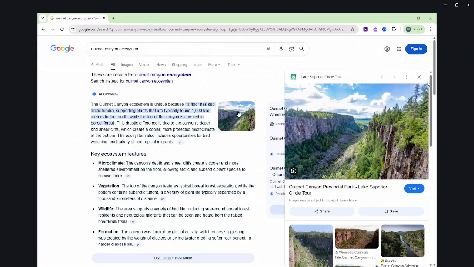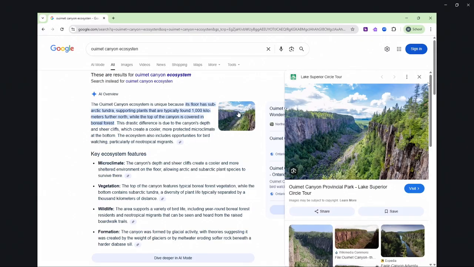The microclimate, it's called: the canyon's depth and sheer cliffs, cooler, sheltered environment on the floor, allow Arctic and subarctic plant species to survive down in the bottom of the canyon. The top of the canyon features typical boreal forest vegetation, and the bottom contains subarctic tundra.